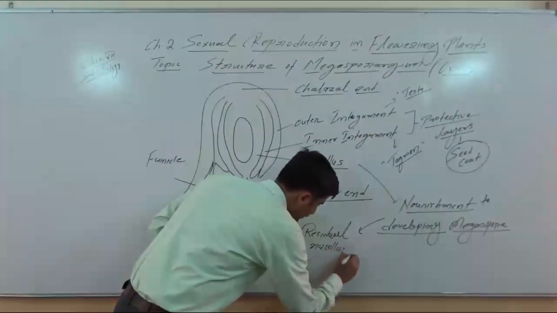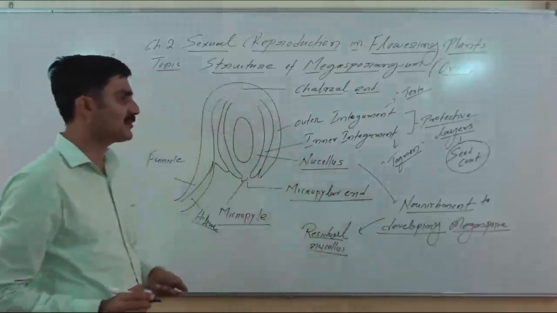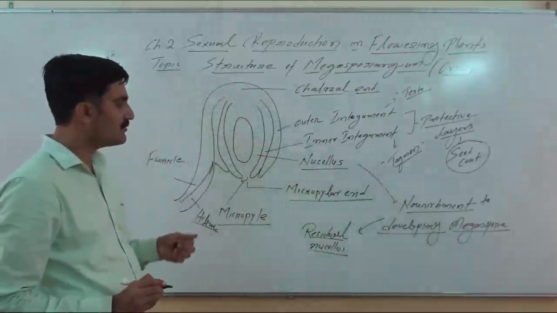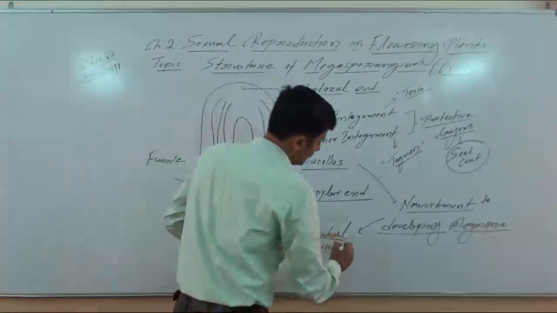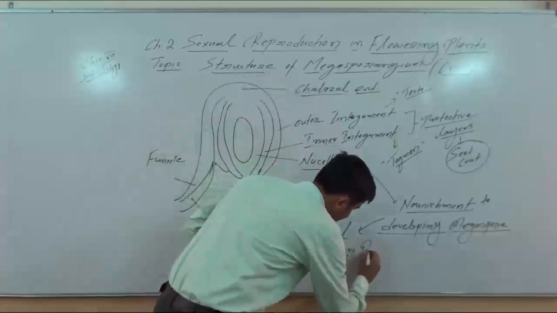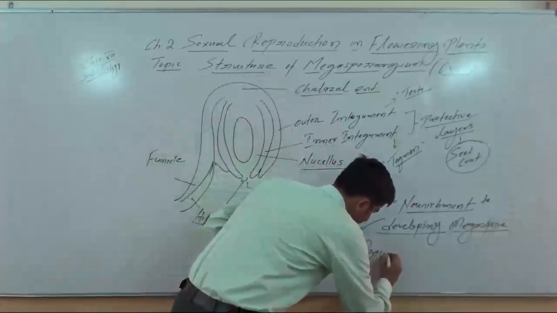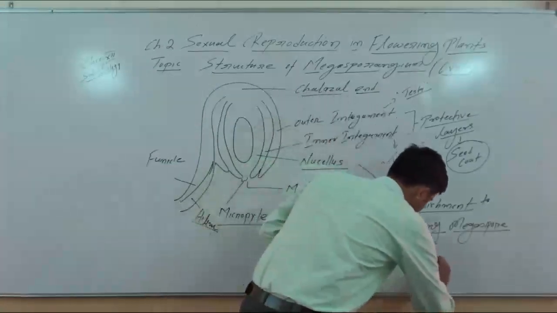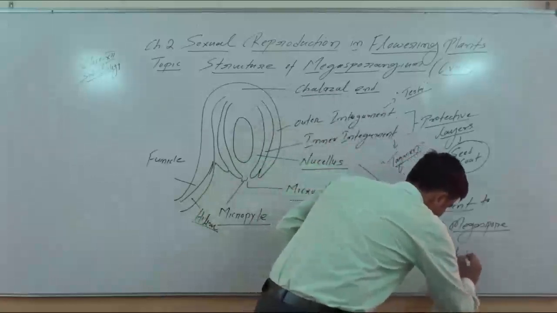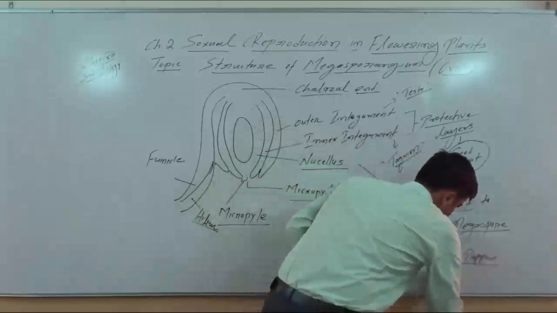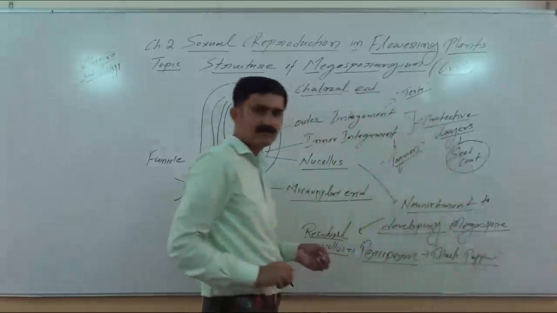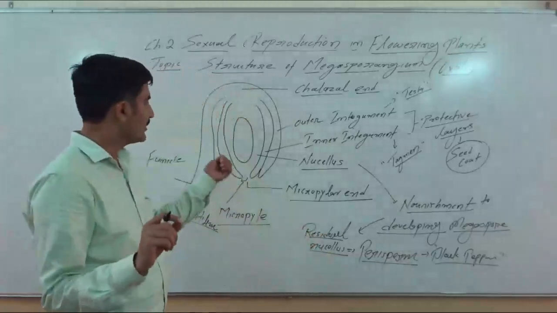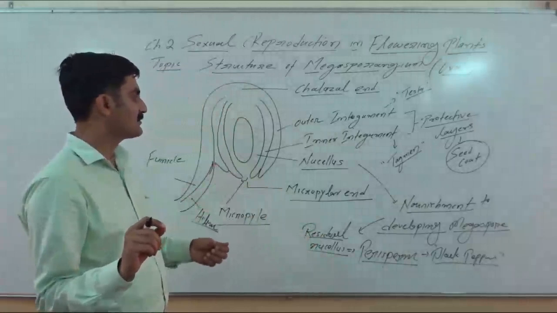Generally, nucellus is consumed during megasporogenesis, but sometimes residual nucellus may be present, and this residual nucellus is known as perisperm. The best example of this is black pepper, Piper nigrum. There is a presence of residual nucellus, that is called perisperm.